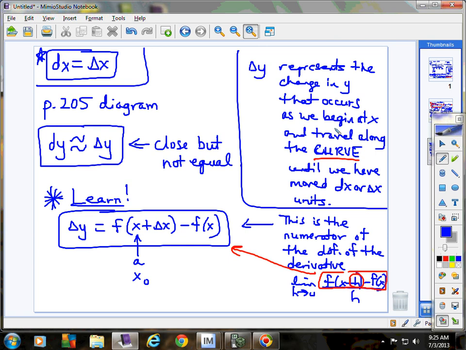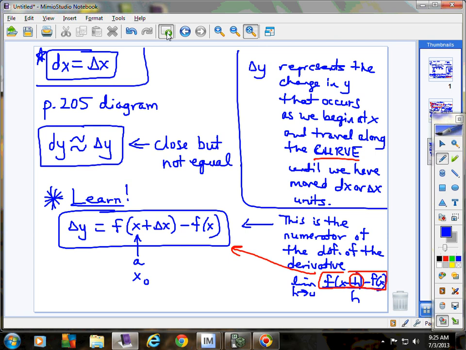There's a little bit of a gap of difference in them from the figure. Similar, but not exactly the same. All right, now there are going to be times when we need to know what delta y is, but we can't find it, so we find dy and we settle for it because it's close enough to what we're looking for. That's where dy is useful. It's an approximation for delta y.